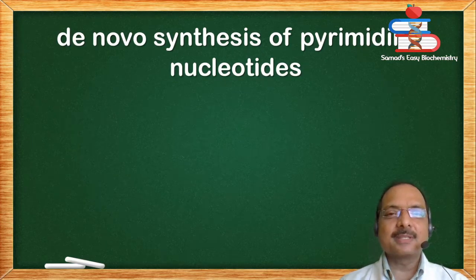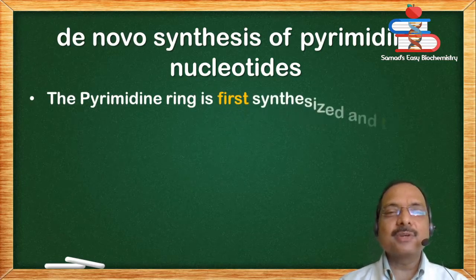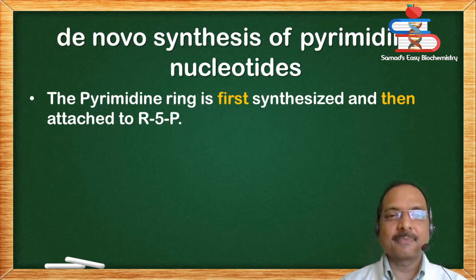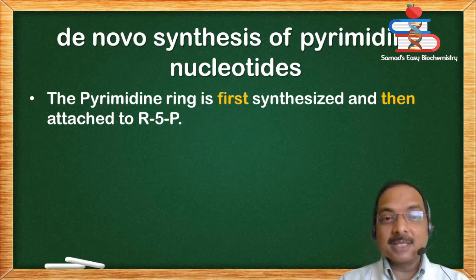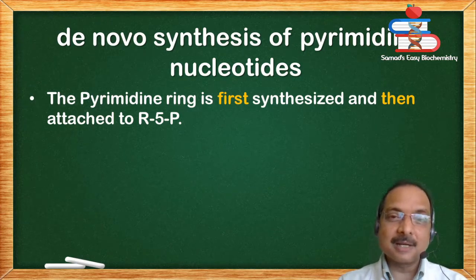De novo synthesis of pyrimidine nucleotides. The pyrimidine ring is first synthesized and then attached to ribose 5-phosphate, in contrast to purine nucleotides. In that case, ribose 5-phosphate forms the base, and on that base, all the molecules are added.